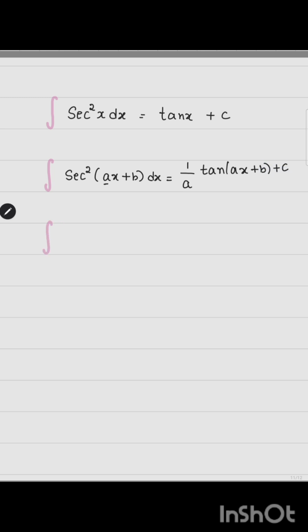The integral of secant square (b minus ax) dx, where the coefficient of x is negative, is equal to minus 1 by a tan of (b minus ax) plus c.